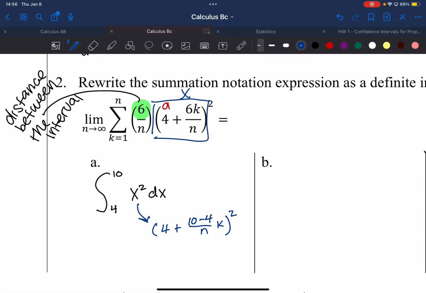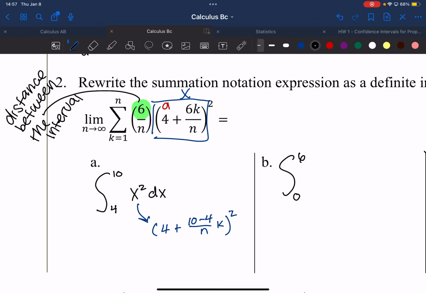If we assume that 4 is part of the original function, and that means we don't know anything about a and we don't know anything about b, except that there's a distance of 6, we can start our integral at 0. And so now a is 0, and we can go up to 6, so b is 6. If we are assuming 4 is part of our function, that means our function is no longer x squared, but what? Good. x squared plus 4.